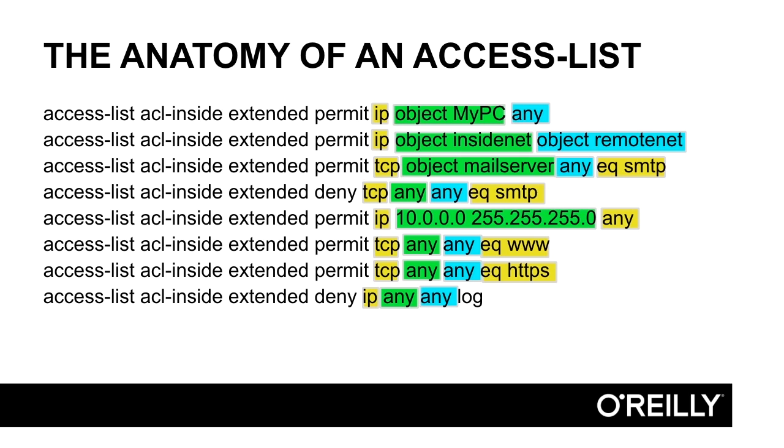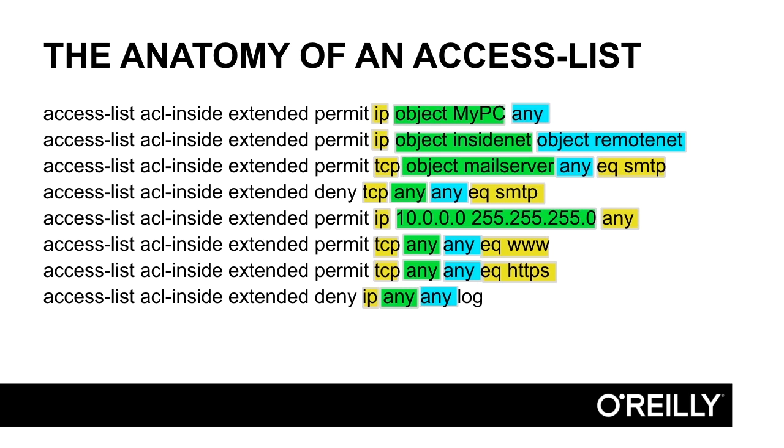However, if SMTP traffic comes in and the source is from object mail server, it will match line 3. And the result of that is that lines 3 and 4 go together, because line 3 says allow and permit traffic that is SMTP if the source is the mail server. Line 4 says deny all SMTP traffic.